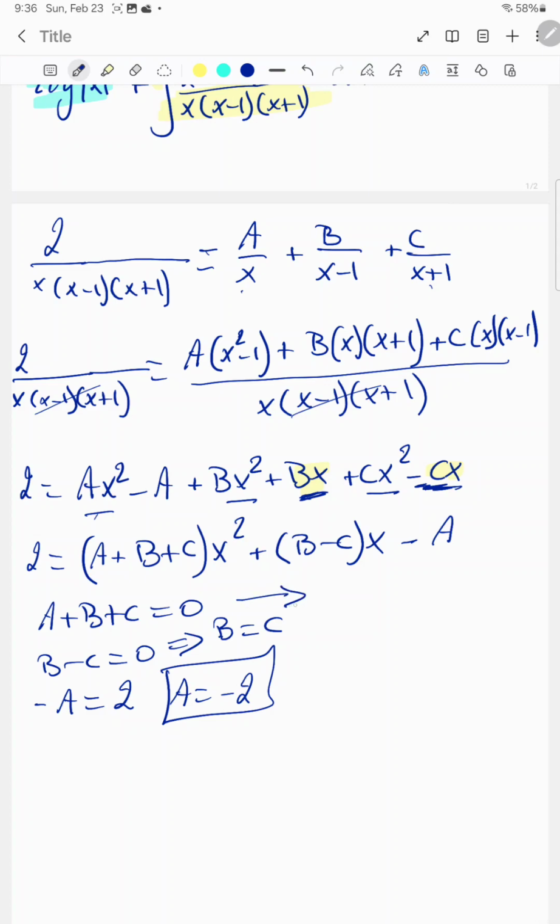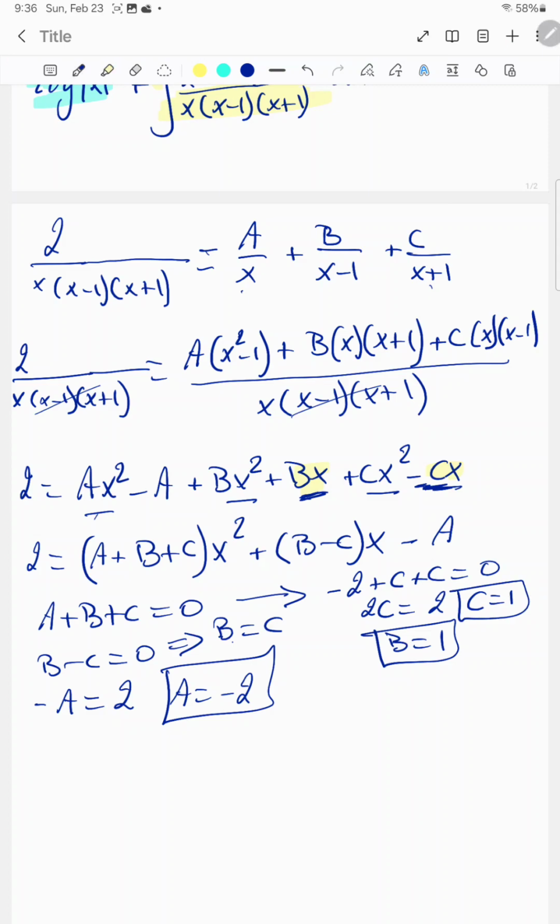And the first equation, I will replace a by minus 2, and I will replace b by c, plus c is equal to 0. That means 2c is equal to 2. That means c is equal to 1. And because b is equal to c, that means my b is equal to 1. And I have my a is equal minus 2.